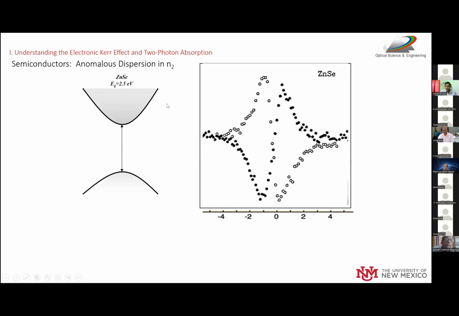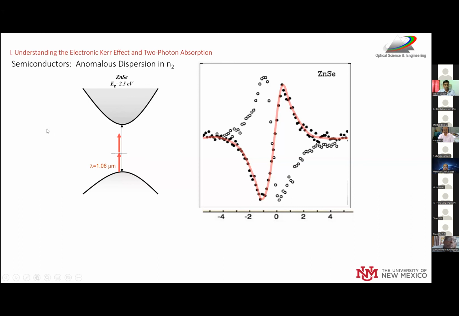Right after we developed Z-scan, for example, we were looking at zinc selenide. We noticed that depending on the wavelength, we could get either this curve, which is a negative nonlinearity, or the other one with a positive nonlinearity. The positive nonlinearity was at 1 micron, below the two-photon threshold. In other words, you don't have any two-photon absorption.